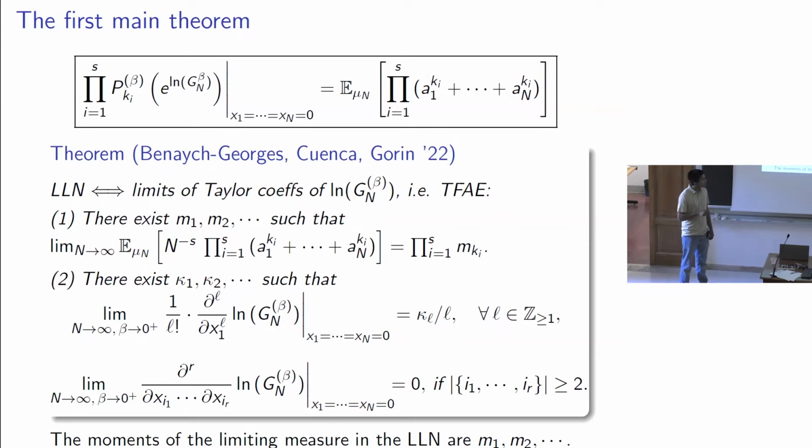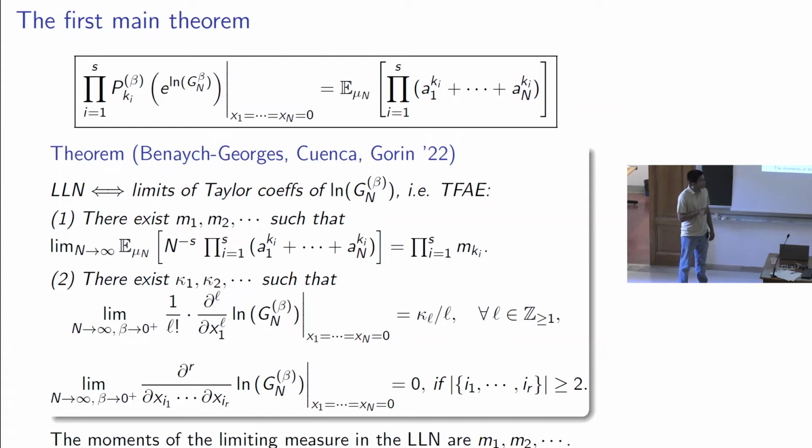So this is the precise statement. If you take the partial with respect to x_1, L times, that gives me the limit k_L. And if you take any mixed derivatives of the logarithm of this beta Fourier transform, you should get 0. Recall that we're talking about the high temperature limits.